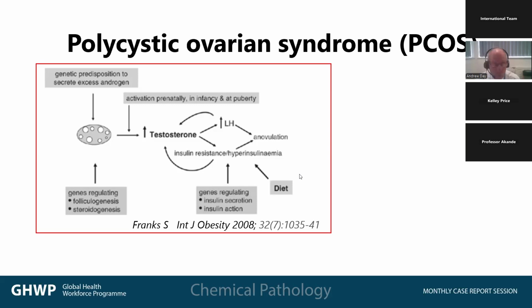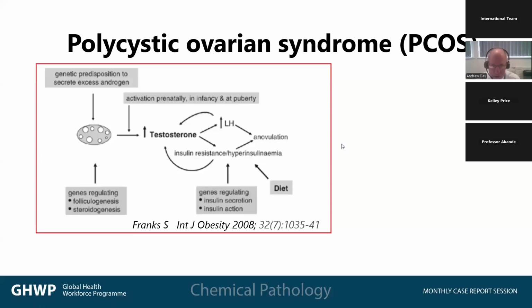And for example, we know that PCOS is more common in the daughters of type 2 diabetic men. So there is definitely an inherited element there as well, determining insulin resistance, as well as an inherited element determining androgen production.